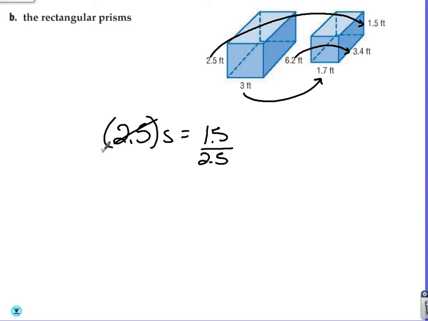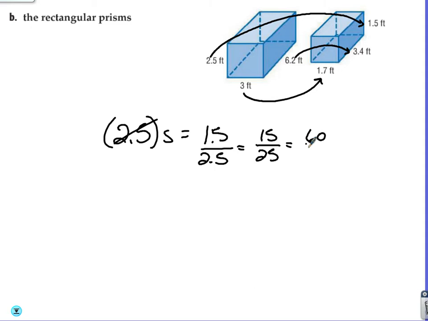You want ready for another trick? Since we're all about math tricks today. Take this fraction, and first off, let's multiply top and bottom by 10. 15 over 25. Multiply top and bottom now by 4.